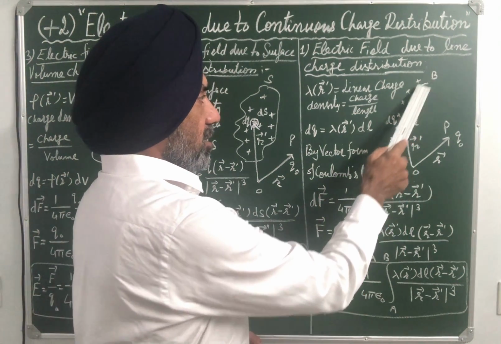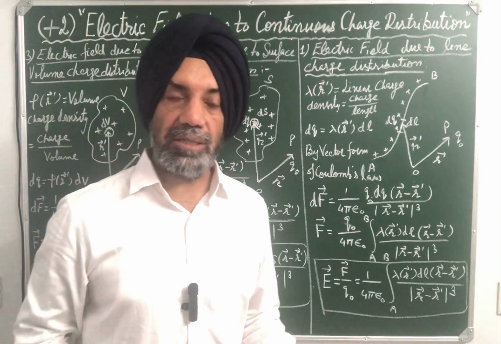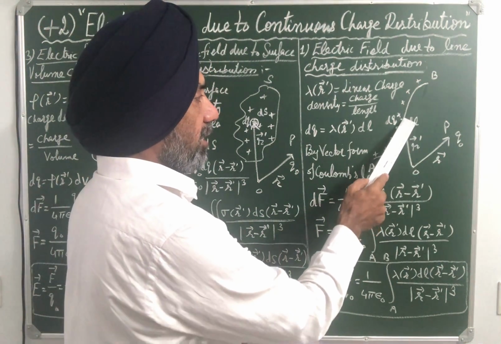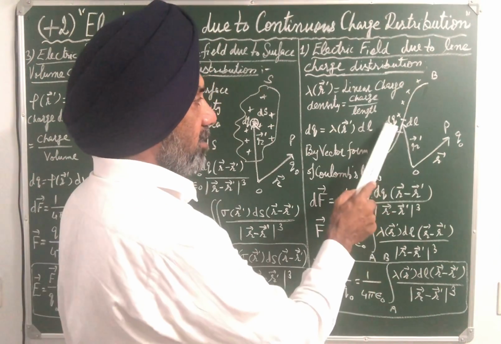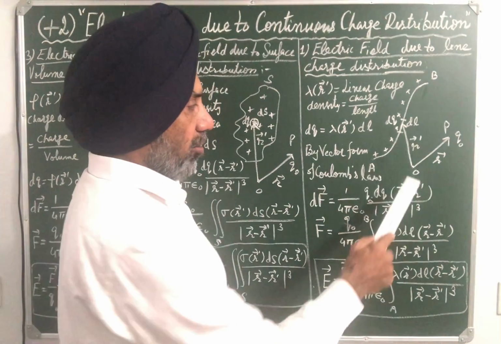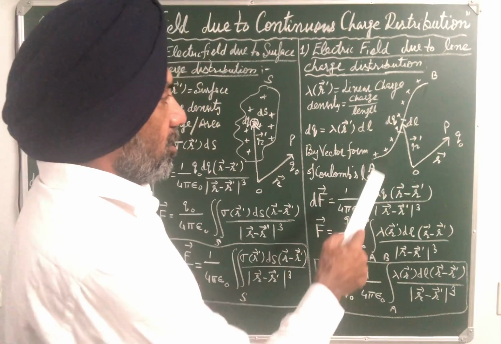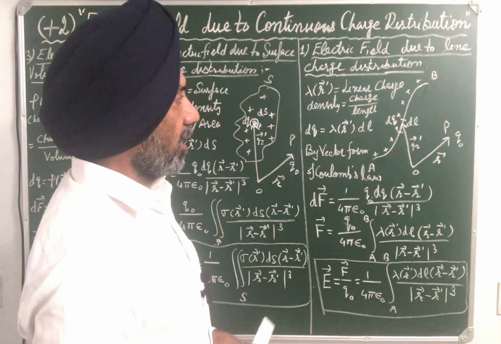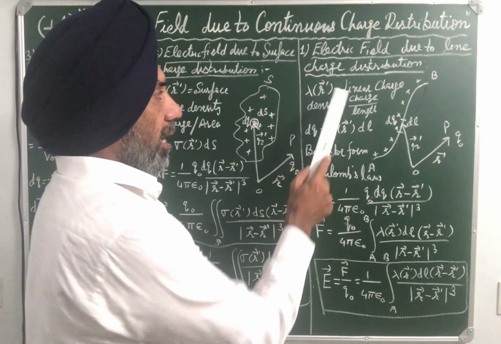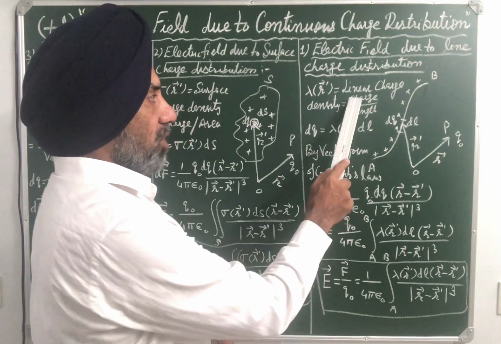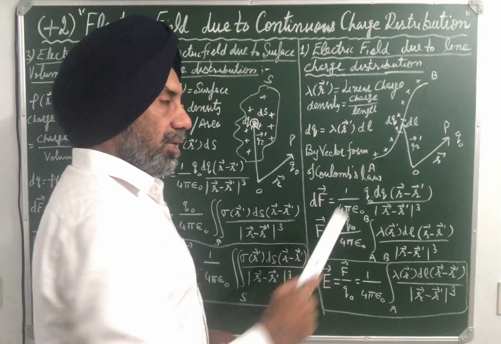Let this charged wire be made up of a large number of small elements. Let one such element of length dl, having charge dq, be at location r vector dash from the origin. Let lambda of r dash be the linear charge density, that is, charge per unit length of the line charge.